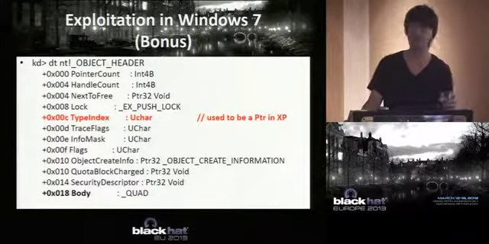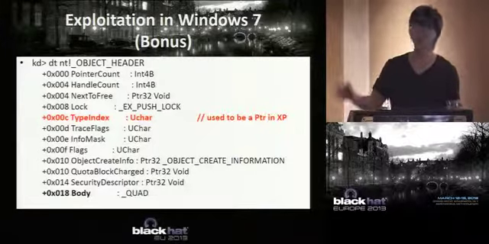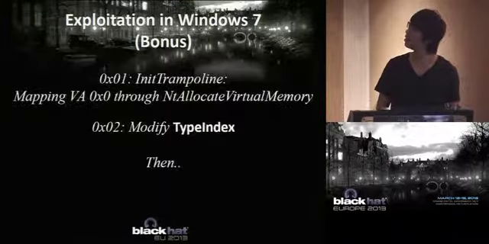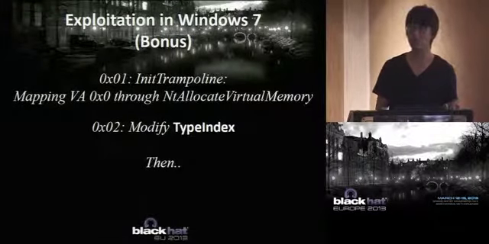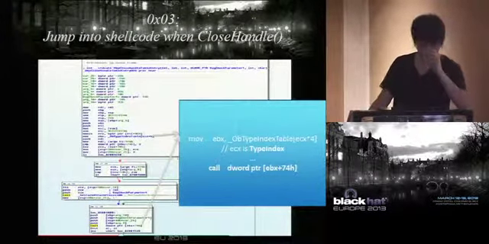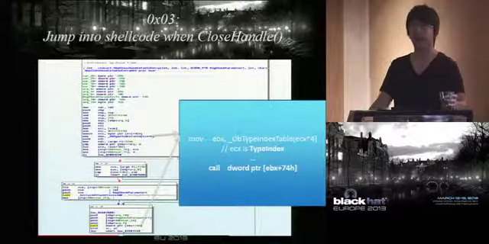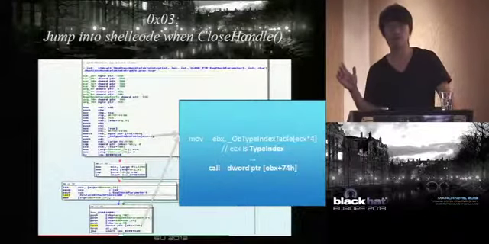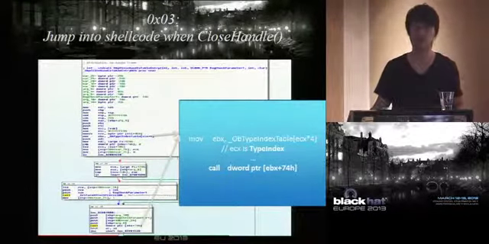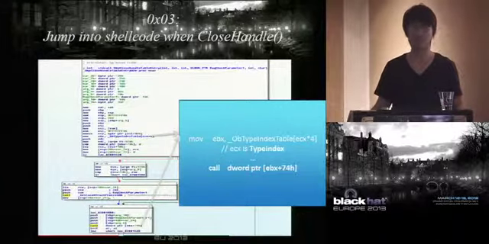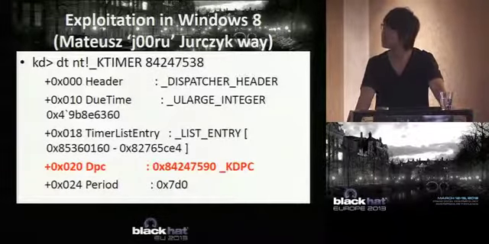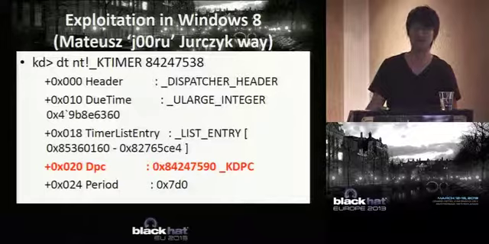For example, in Windows 7, the type index in the object header is a nice choice, and code execution could be achieved when calling close handle here. As this object is controlled by us, before this memory is freed, it could lead to code execution before the system crashes. And in Windows 8, Matthew's way is attacking the function pointer in the timer object.